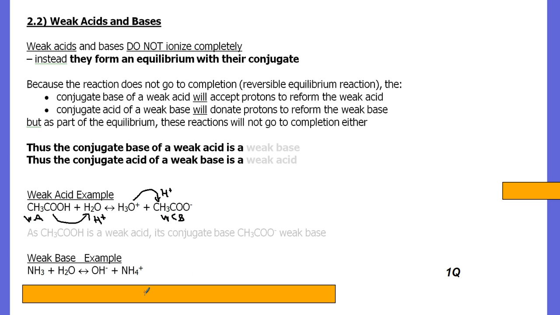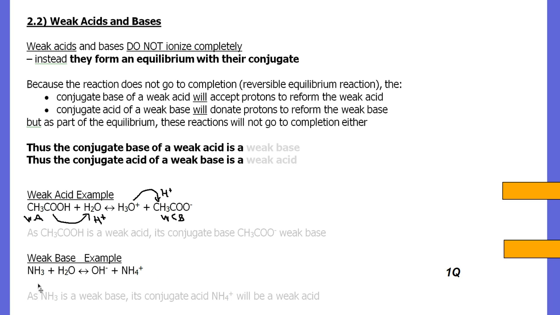A similar example down here, this time with a weak base. Ammonia is our weak base. It's our number one weak base example in the HSC course. Ammonia reacts with water to produce hydroxide ions and the ammonium ion. Because ammonia is a weak base, its conjugate acid, ammonium, will be a weak acid. Just like before, we know that ammonia can accept protons from water because it's a base, but we also know it is a weak base.